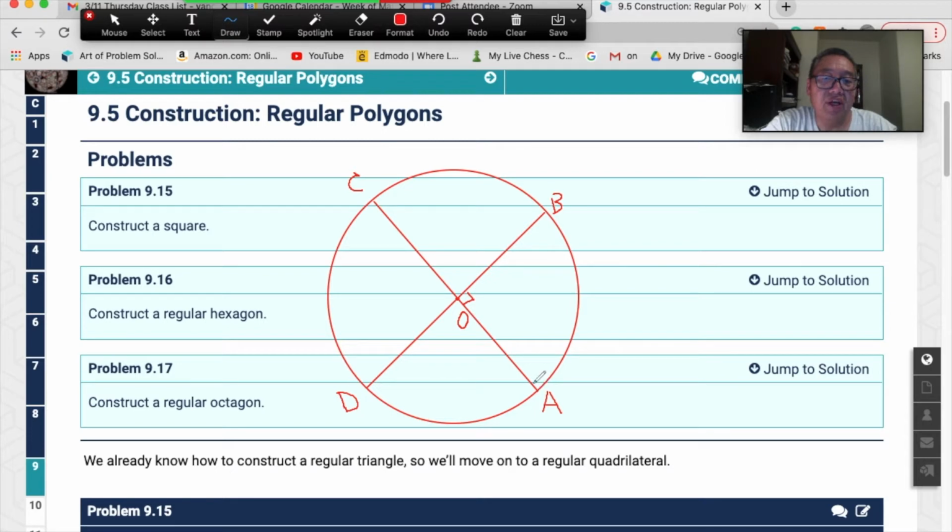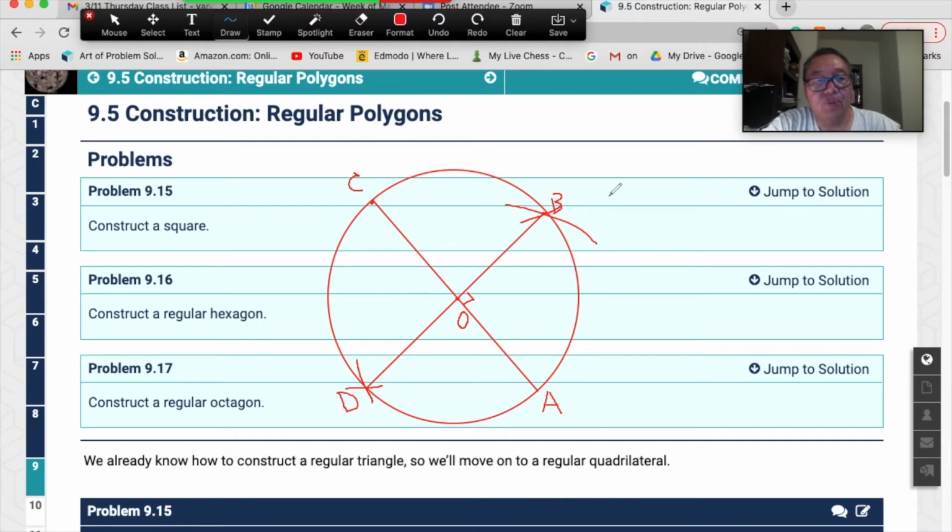You use A as a center, then you just draw an arc like this, then use A as a center, also draw an arc like here, then use C as a center, with the same length as a radius, and draw another little arc. Then the intersection points of these two arcs will give you the 2 points.